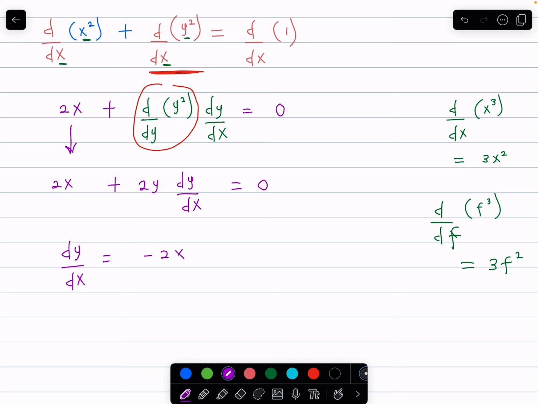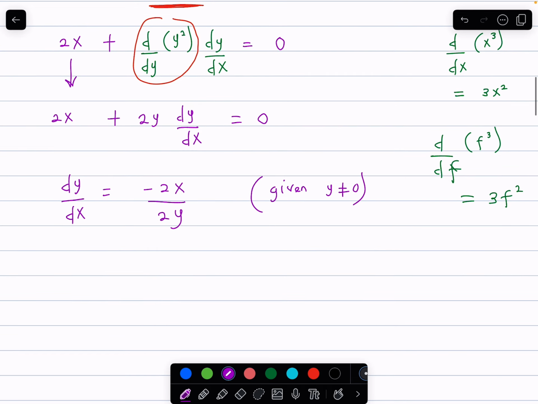I have negative 2x, and then I divide by 2y, given that y is not equal to 0. So my dy dx is just going to be negative x over y, and that is the solution.